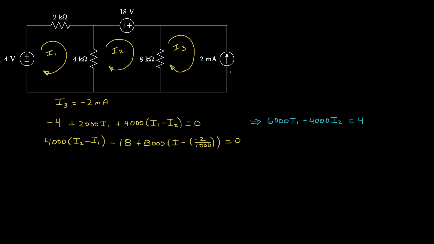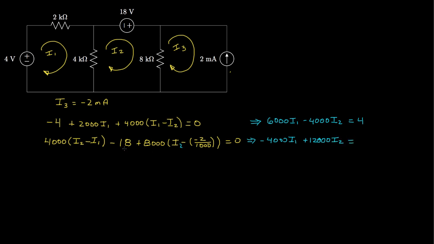For this equation, we have negative 4,000 I1, and with I2 we have a 4,000 and an 8,000, so that's a 12,000 I2.